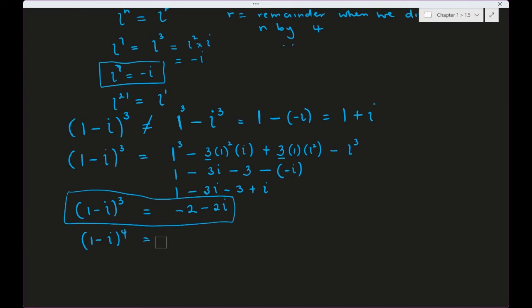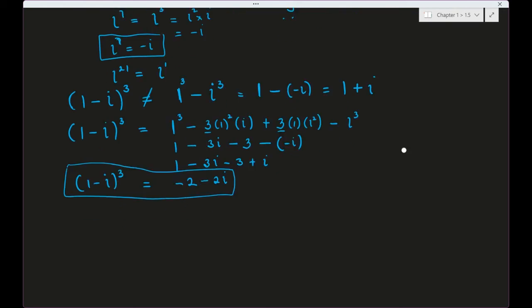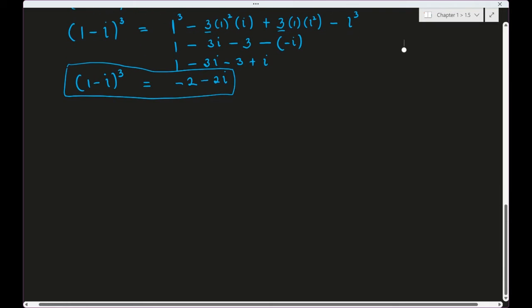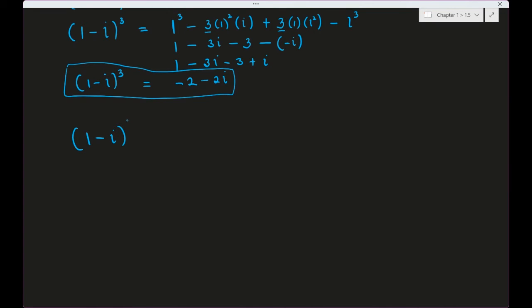Okay. Now, let's look at if the power becomes so high, say something like you are looking for (1 - i), let's even say to power 7, for instance.